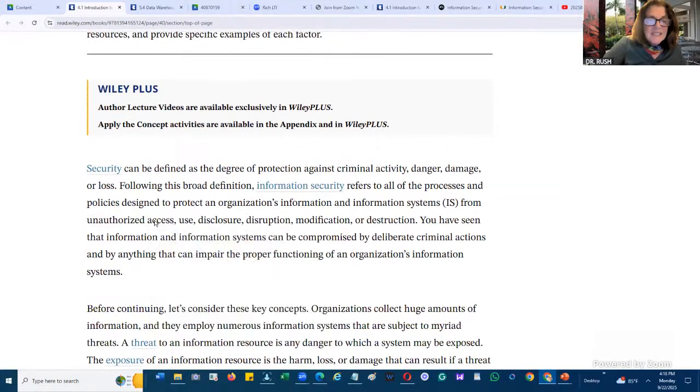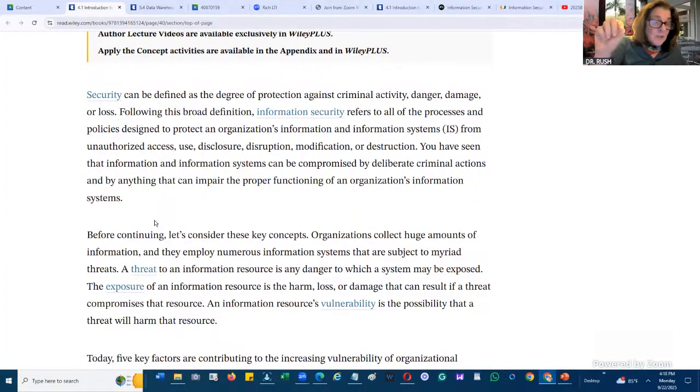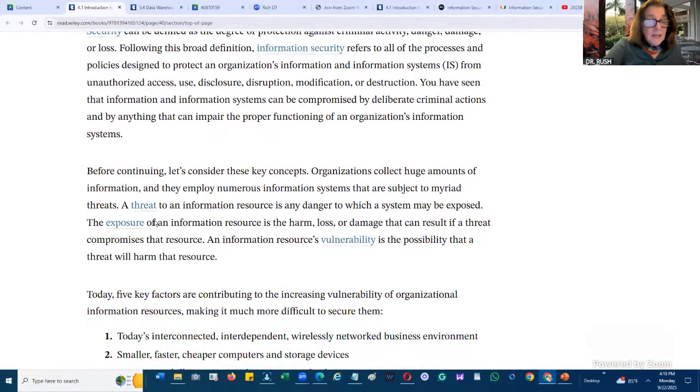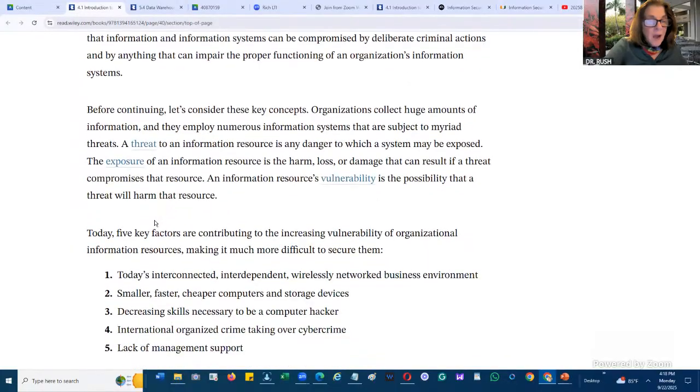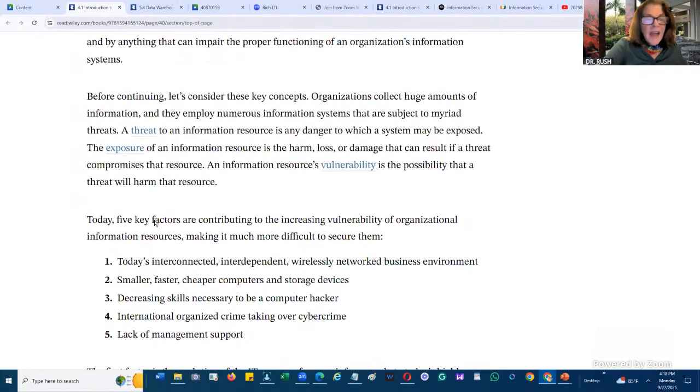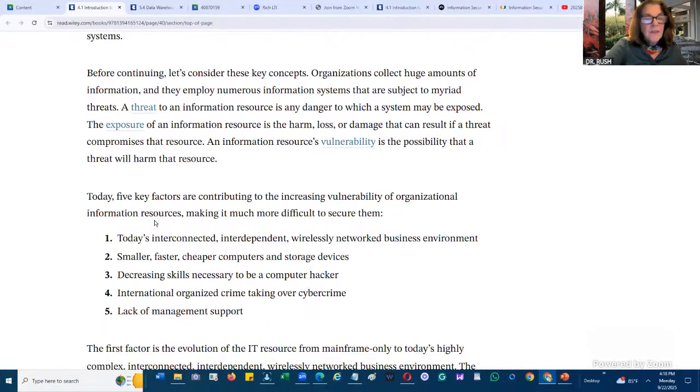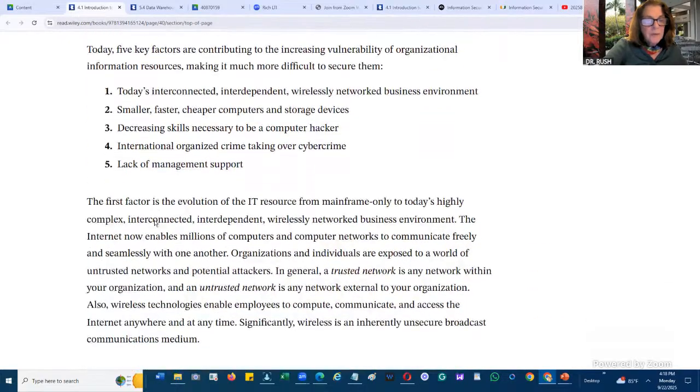So in this case, I want to secure, for instance, a lab with computers in it. And then the threat is what we talked about before: any danger. The exposure is the harm, loss, or damage that can result if a threat compromises resources, and the vulnerability is the possibility that the threat will harm the resource.